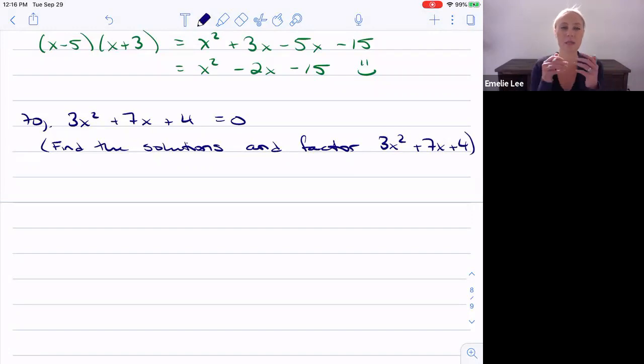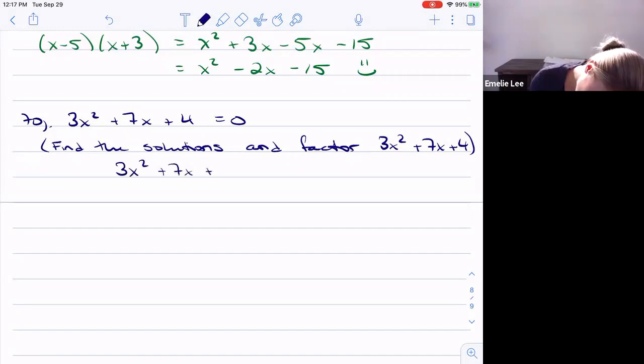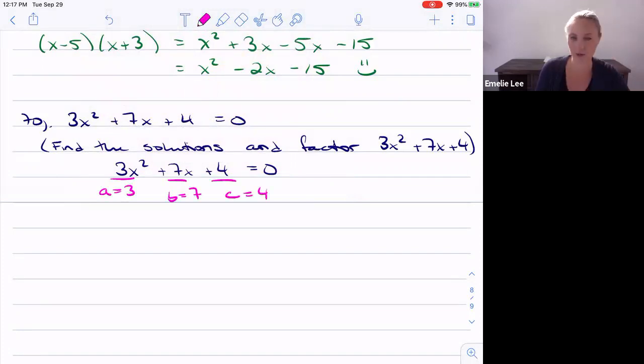So I'm going a little bit off of the actual question, because I'm adding that element of factoring. Okay, so in 3x squared plus 7x plus 4 equals 0, we've got a equals 3, b equals 7, and c equals 4.